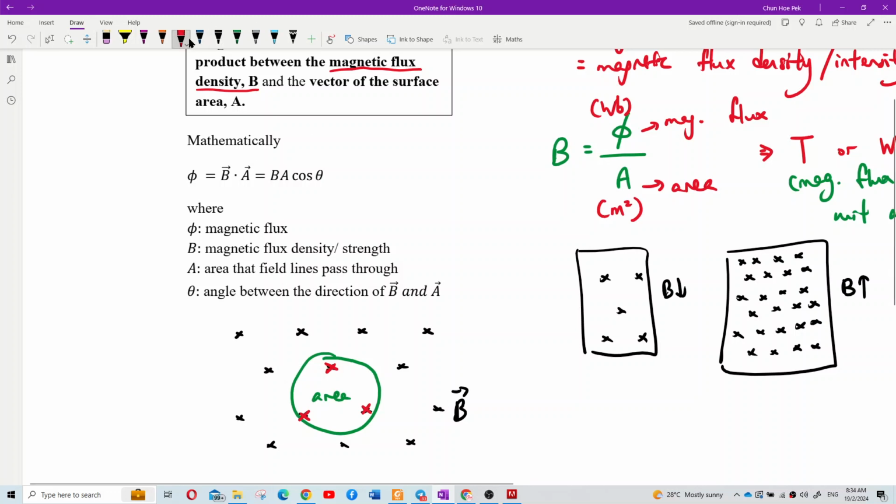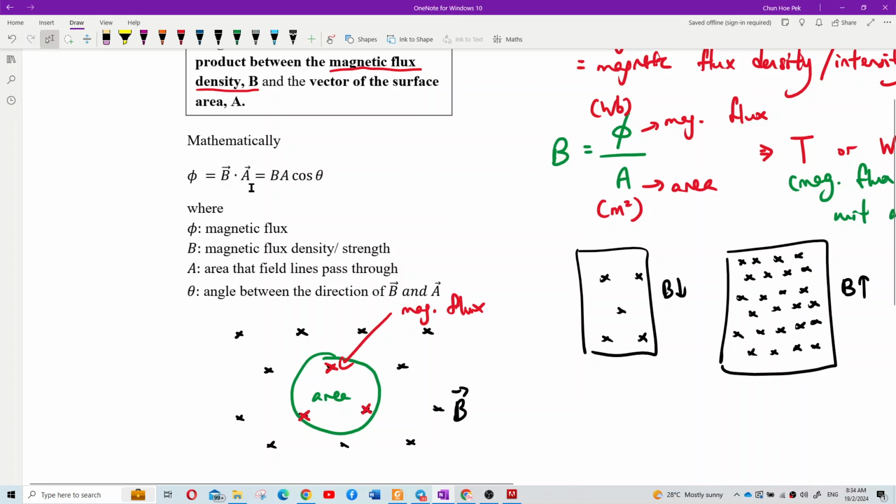The red lines that pass through this area are called magnetic flux. Understand? Magnetic flux.